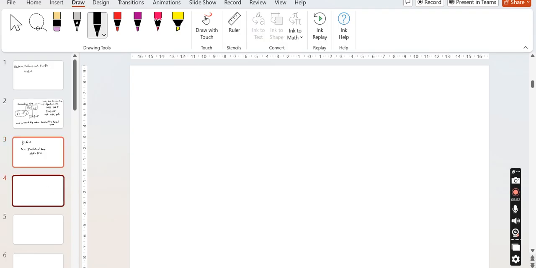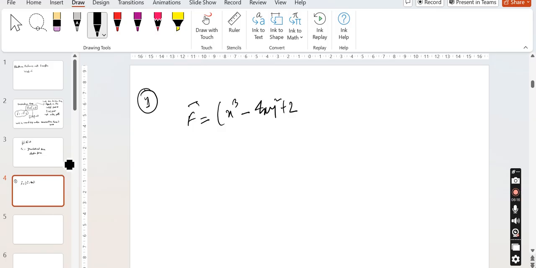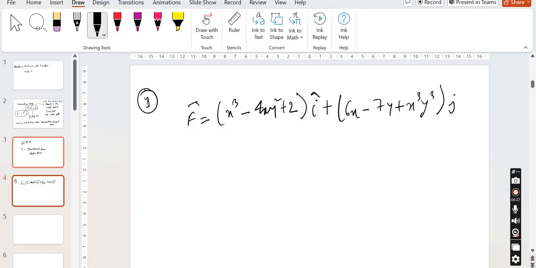These are basically vector problems. The first problem: F is given as x cube minus 4x y square plus 2 i, plus 6x minus 7y plus x cube y cube j.